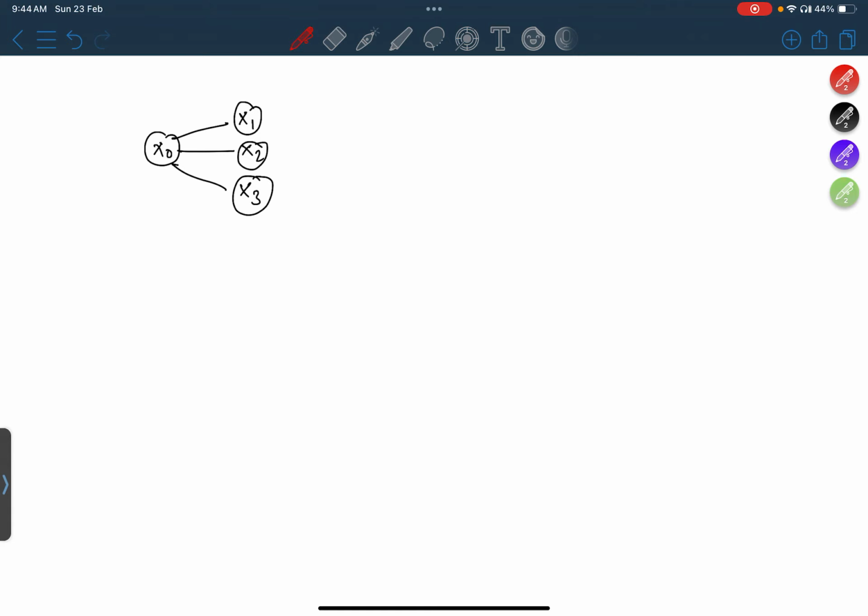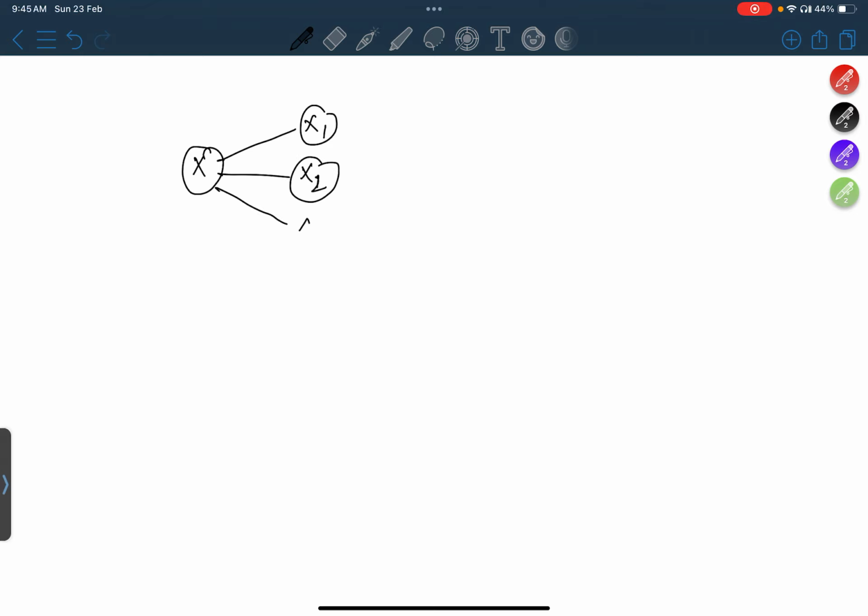Instead of talking about any particular x0, let's talk about any x, any intermediate step, whose successors are x1, x2, x3 till xk. Let's suppose there are k successors of x.